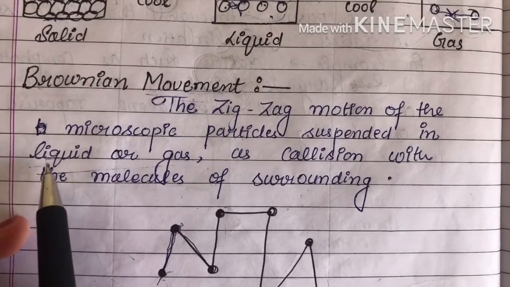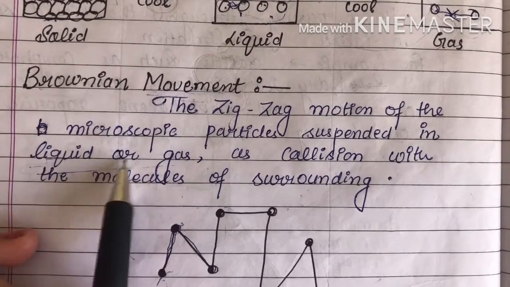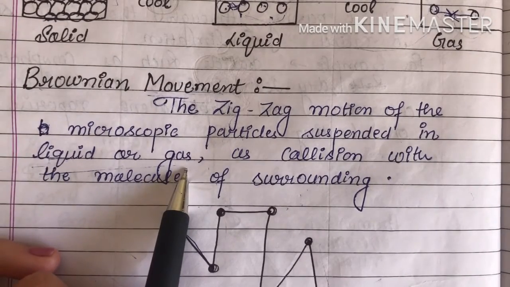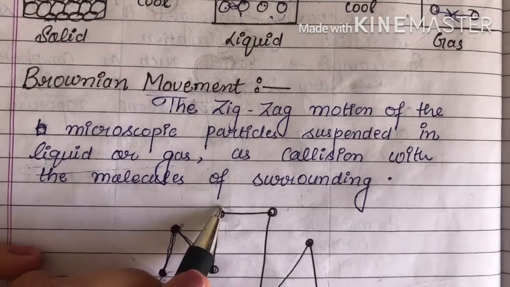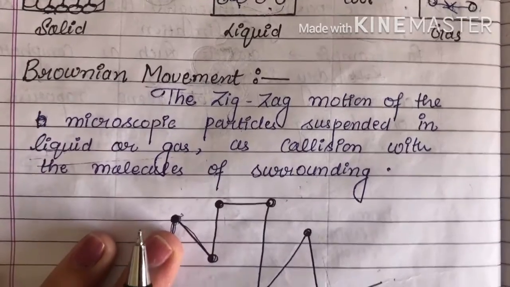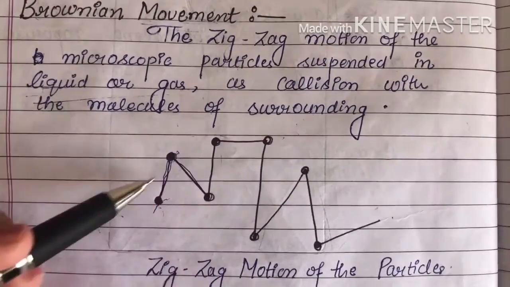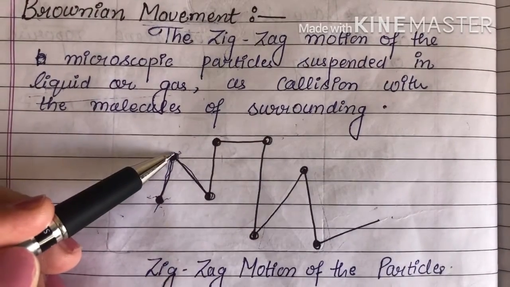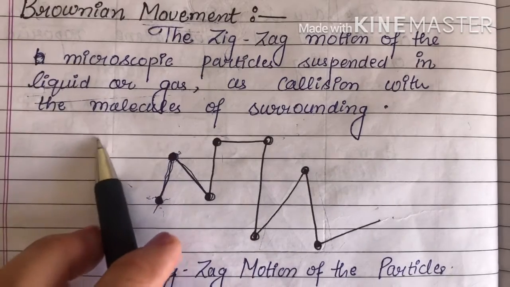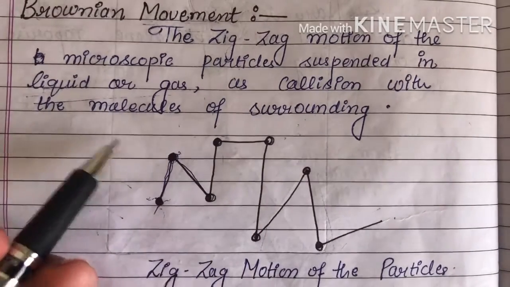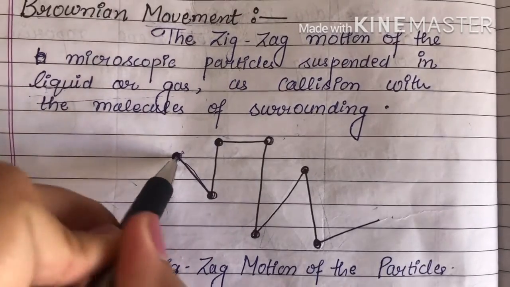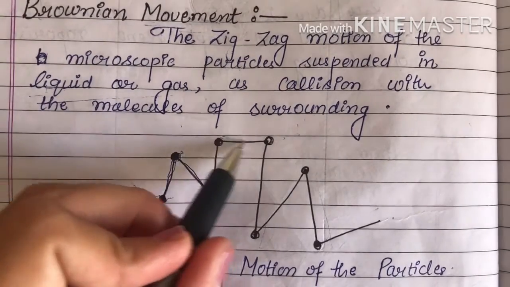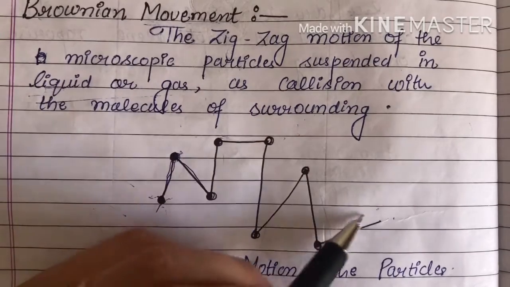So here what will happen? The molecules collide with each other and form a zigzag motion like this. When these two molecules in the medium of liquid or gas collide with each other, after collision they change their path. This is the zigzag motion.